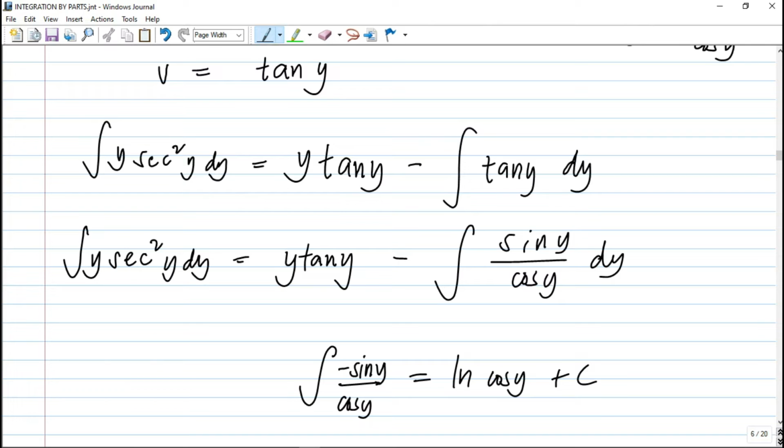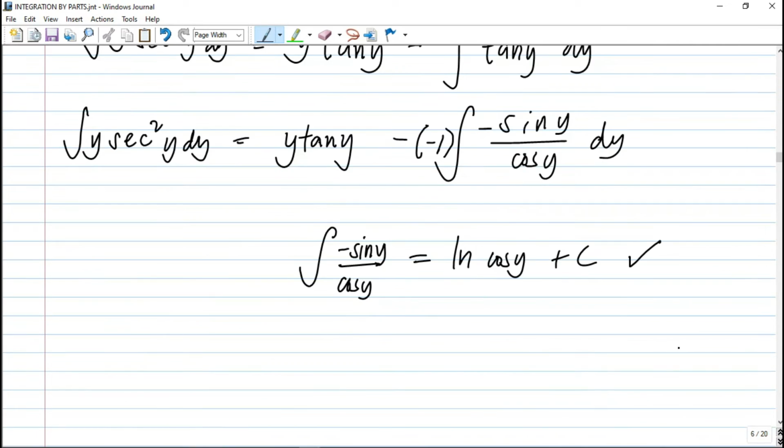So the indefinite integral of negative sine y over cosine y is ln cosine y plus c from your natural logarithm formula. Here, ang nakalagay dito is sine lang, walang negative, so maglalagay tayo guys ng negative dito. Then ibabalance out natin siya sa labas ng integral sign by multiplying negative 1 to retain the original integral, to maintain the original equation. Then we can use this formula.